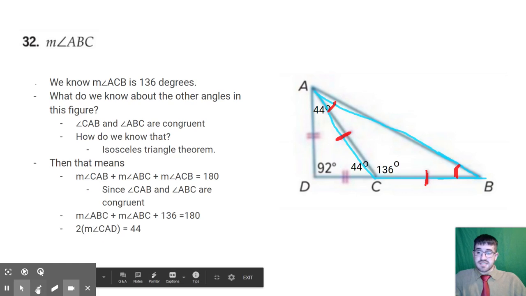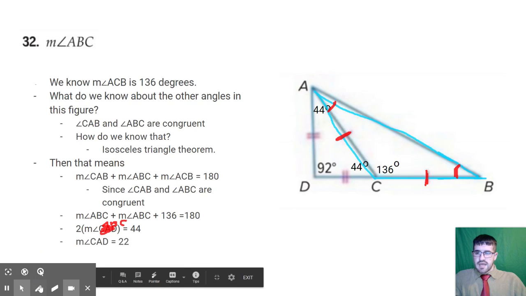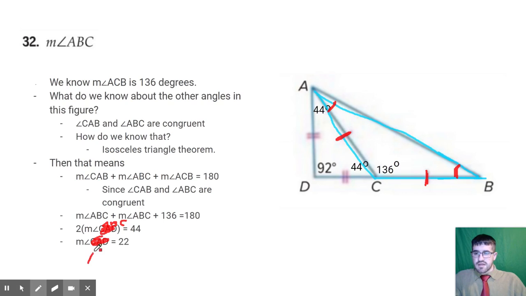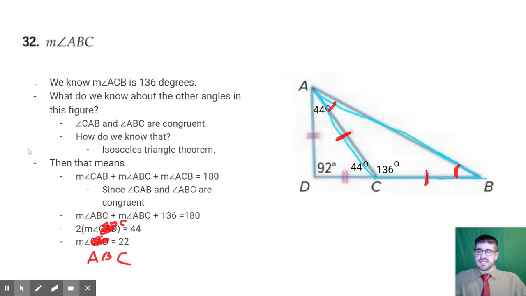This should be ABC right here. Two times measure of angle ABC equals 44. And the measure of angle ABC, all right, a really nice one this time, equals 22 degrees. We have one problem left, so let us get to it.